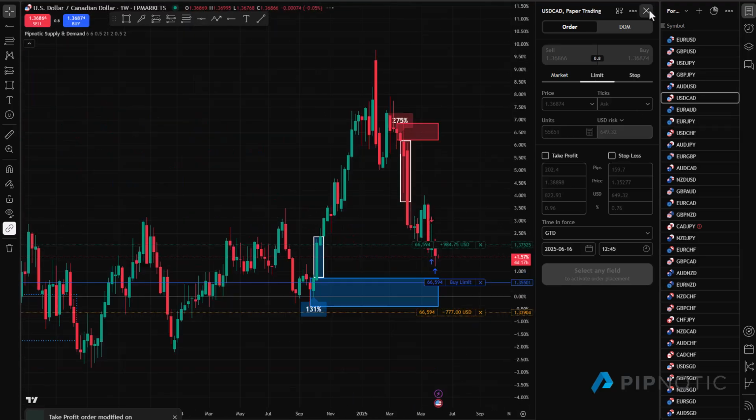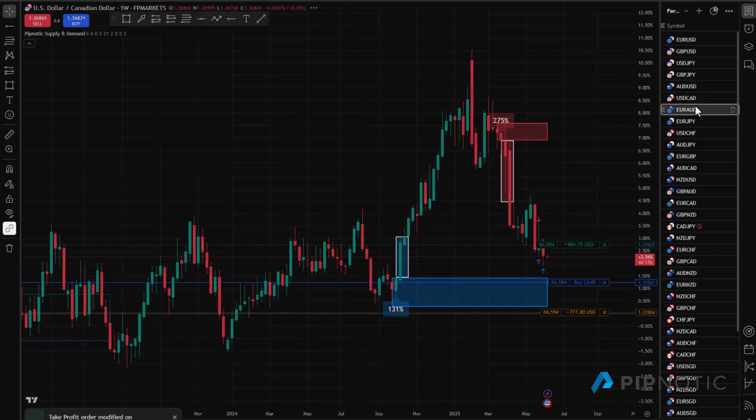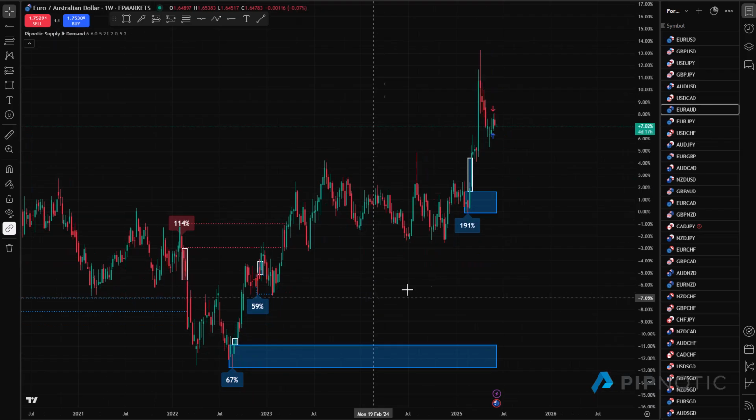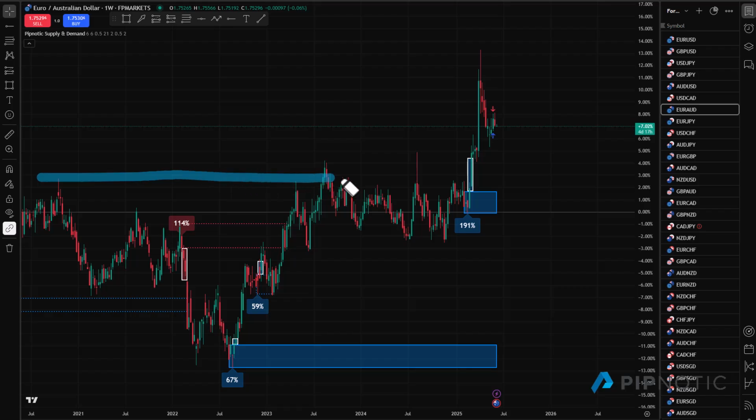Okay, back on the weekly. Continuing. Euro Aussie. Where do we have the price imbalance? We got a big one right there. And again, we can see super clearly, you don't have to overcomplicate this. We've had a lot of respect for this price point here. All of a sudden, price goes to it, goes through it. Where's the origin of it? This right here.